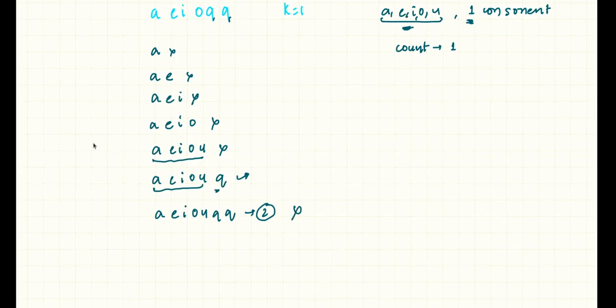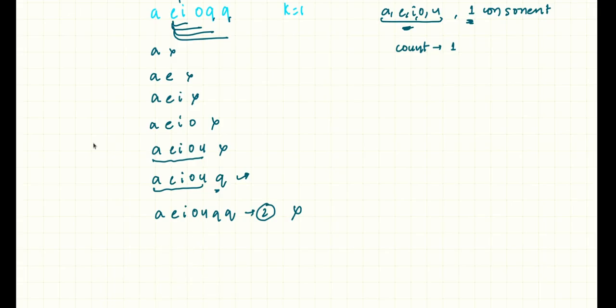Next, I can start with e, which is not a substring, ei is not a substring, eio is not a substring, and so on and so forth. I can form all the substrings like this and check.